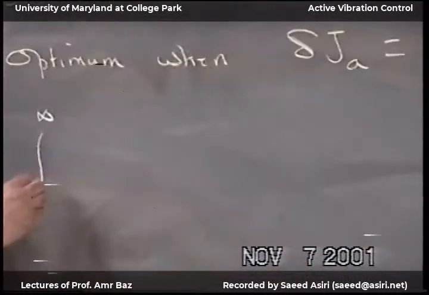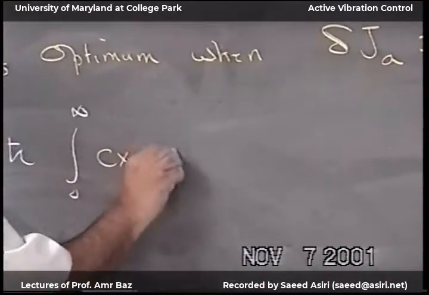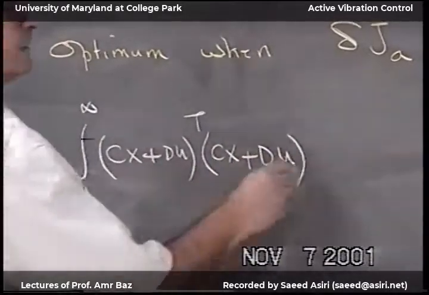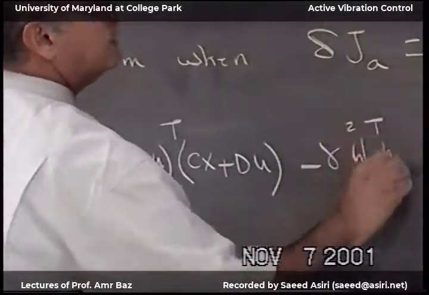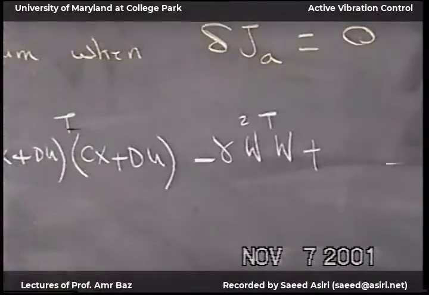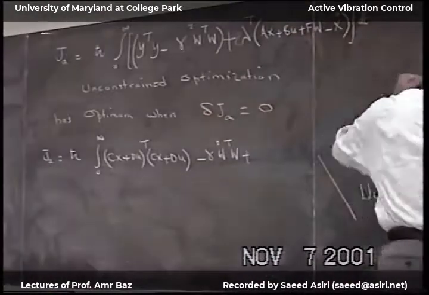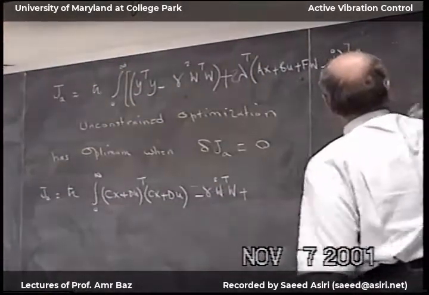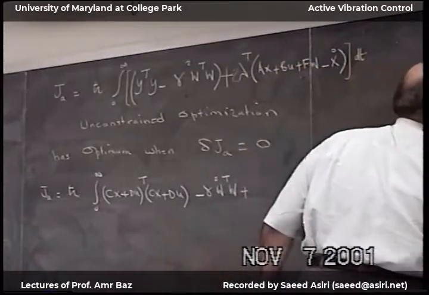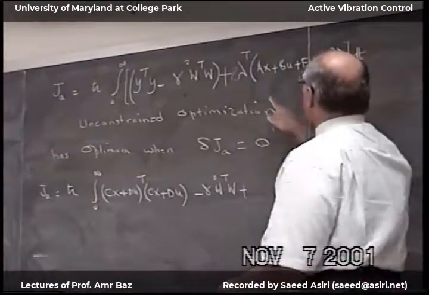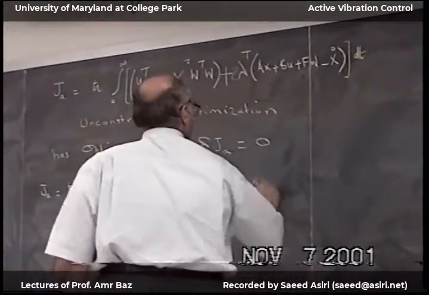So I have (Cx plus Du) transpose (Cx plus Du) minus gamma squared, and then plus the remaining term, which is this Lagrange multiplier, 2 lambda transpose.